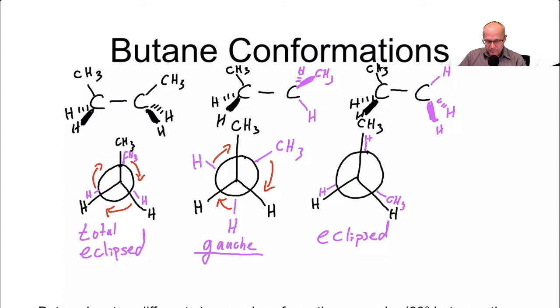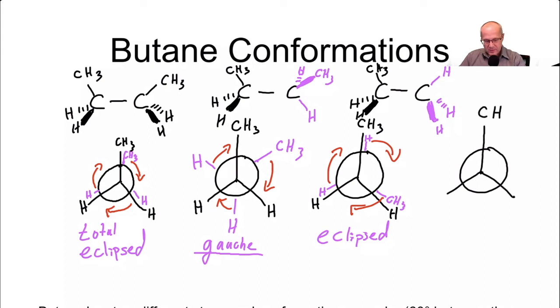Now, last one. I'm running out of room here, so I may have to do some fancy maneuvering. Keep rotating, but not the front carbon. The front carbon stays the same. Whatever you do, don't try rotating two carbons at once. You'll get confused.